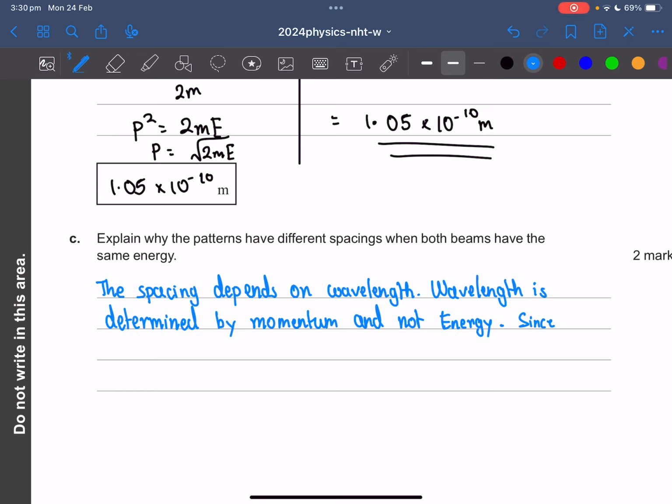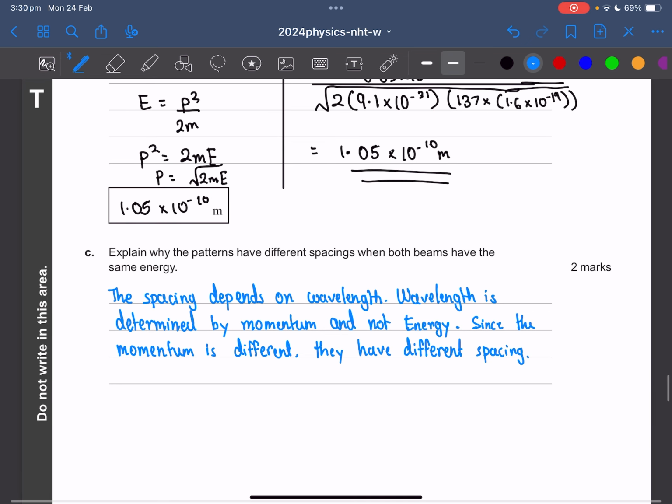Since the momentum is different, they have different spacing.